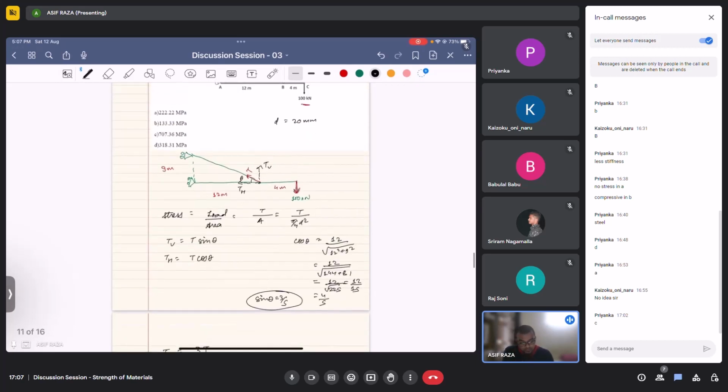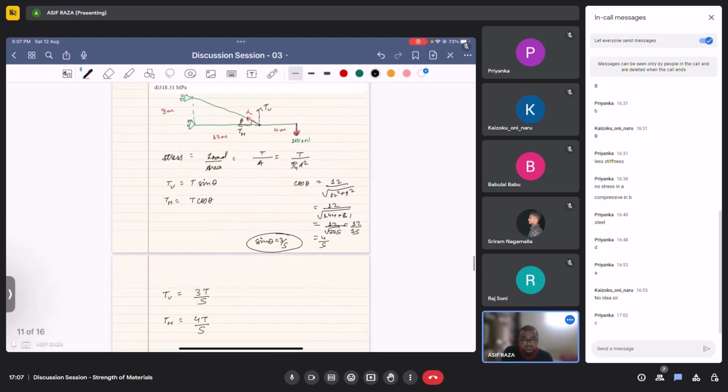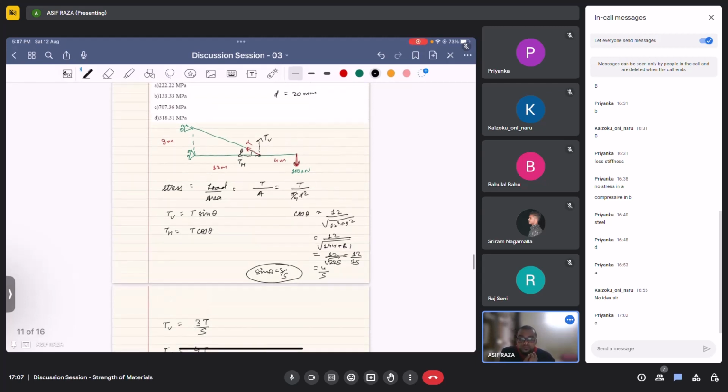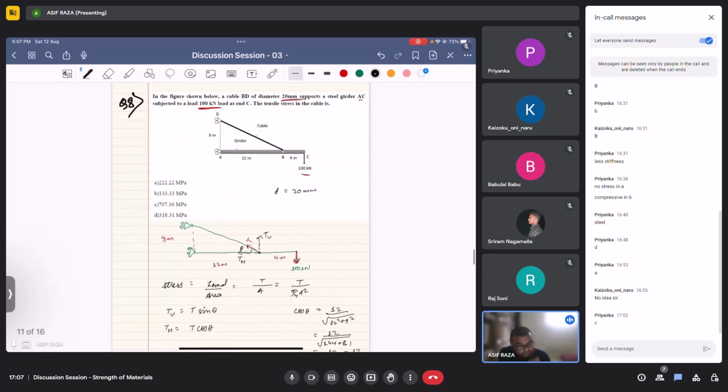Now what would be this T value? So to find this, we need to see the system, like this is the body, this is the system, right?